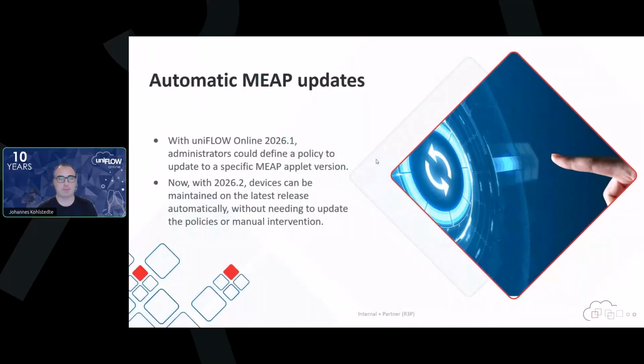The last couple of releases have actually done the first steps in groundwork. We started with remote access to tenants and devices in zero trust networks, and with the last release, for example, added the update possibilities via policies to make it automatic to update devices across your fleet to a certain device applet status without accessing each device manually, as well as then completing this with the automatic updates.